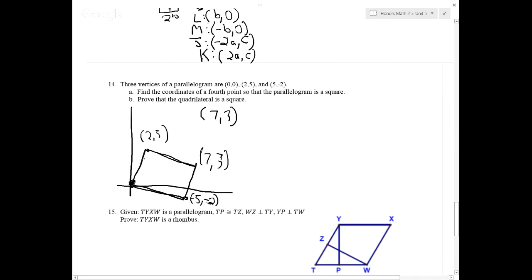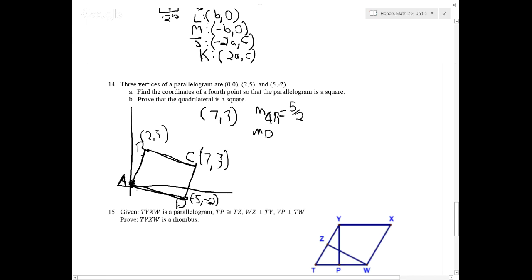Now, we can also go back and check, because that's really just to make it a parallelogram. It says we want to make it a square. So from 2 to 5, if we did the distance formula, let's label here. We have A, B, C, D. Now, instead of distance, let's do slope. So the slope from A to B goes up 5 over 2.